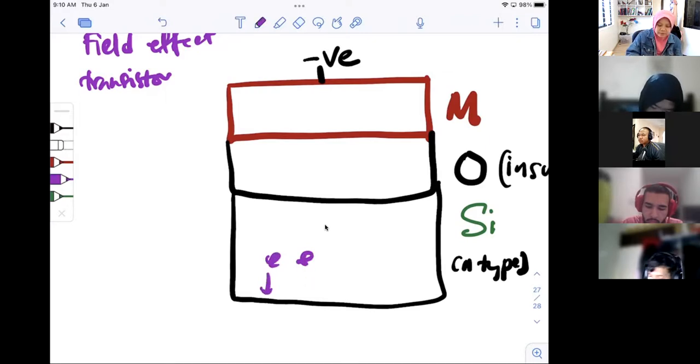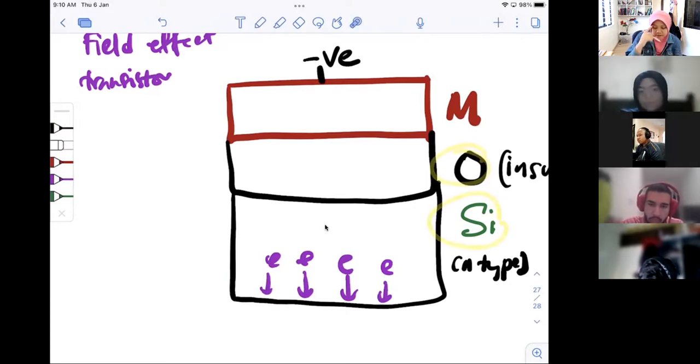So the electron will repel. The word is repel. The electron will be repelled from the surface, or the junction between the insulator and the semiconductor, while the hole will be attracted.